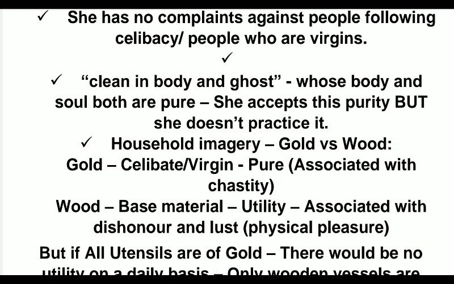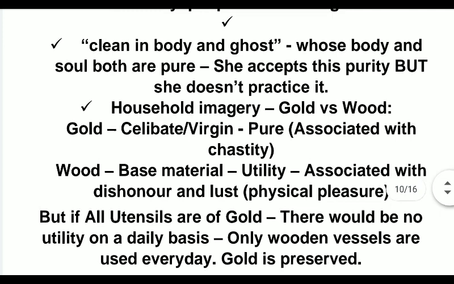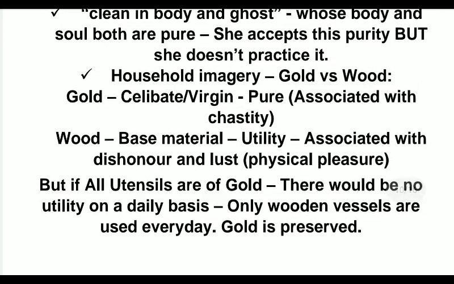She is now a middle-aged woman. And in that section there is also this household imagery, and we have 2 elements, one is gold and the other being wooden. And in medieval culture, these two have very different significance.